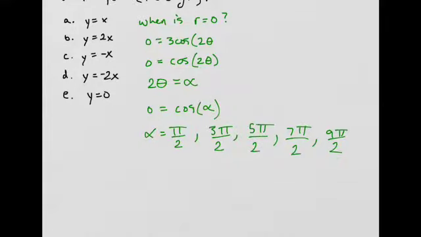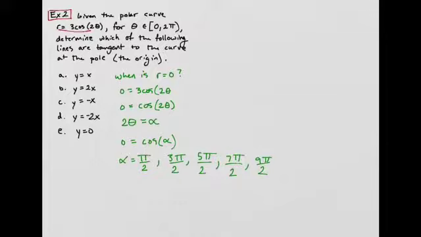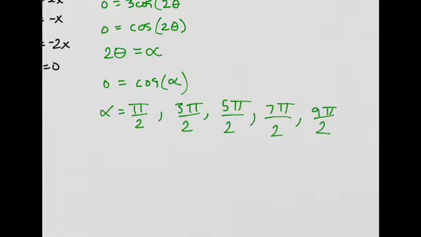Okay, so alpha equals all those things. Even though theta was restricted between 0 and 2 pi, alpha is not. So let's go ahead and figure out what theta would be. Here, if I divide by 2, that's the same thing as multiplying by 1/2. So to get theta, it'll be all of these multiplied by 1/2, because that's what I want.